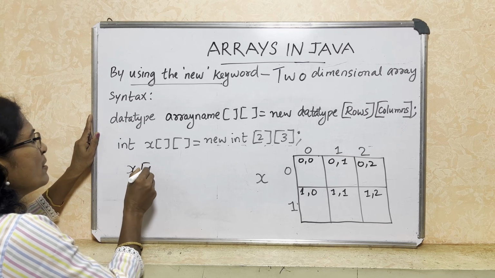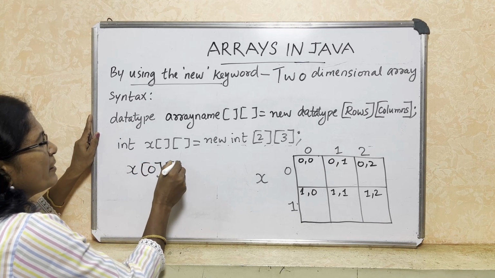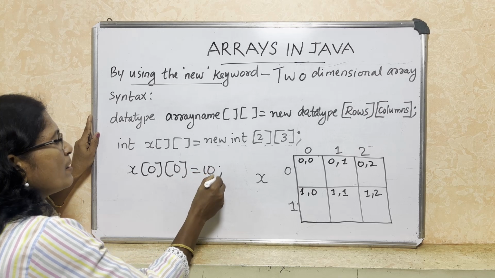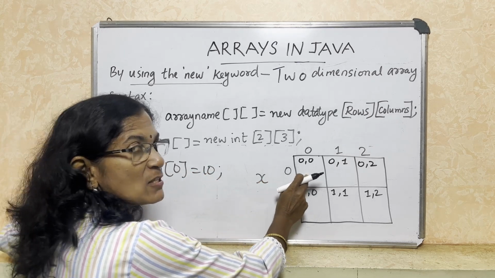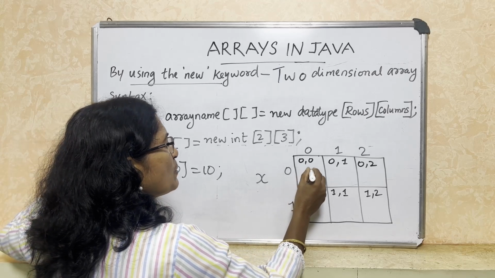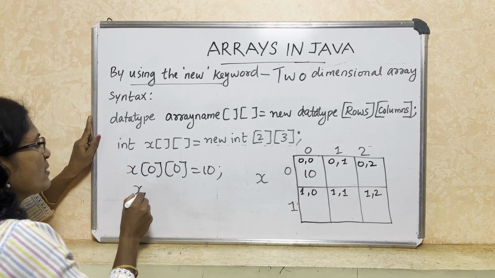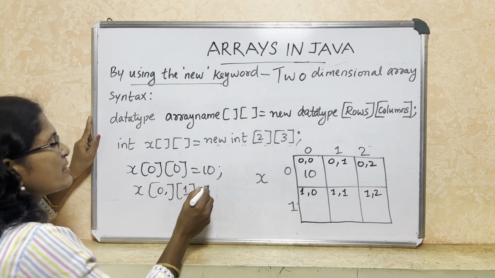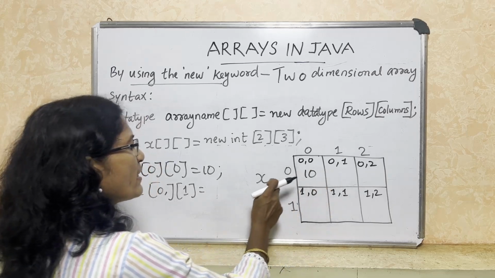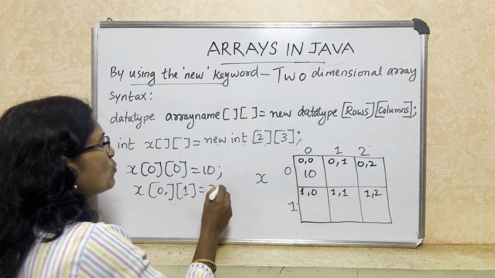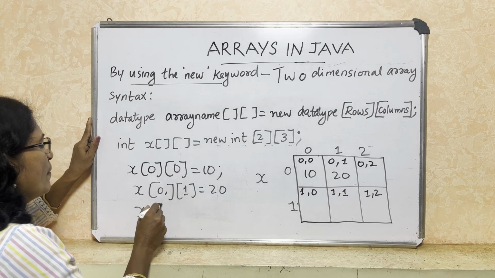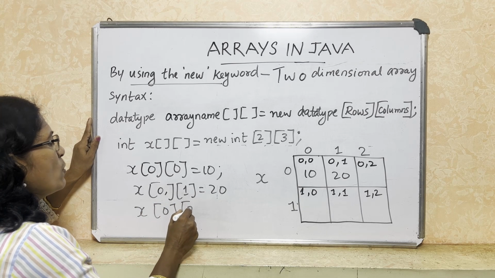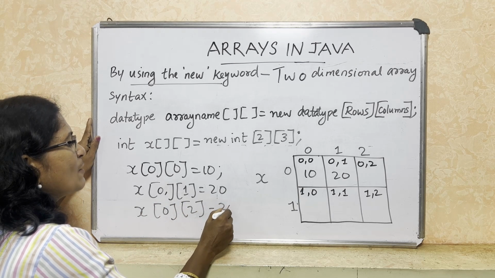x of 0, 0 is equal to a value. So x of 0, 0 is the first storage location of the array. The value 10 gets stored here. x of 0, 1 refers to the second cell in the first row. x of 0, 1 is equal to 20. x of 0, 2 is equal to the next value, 30.